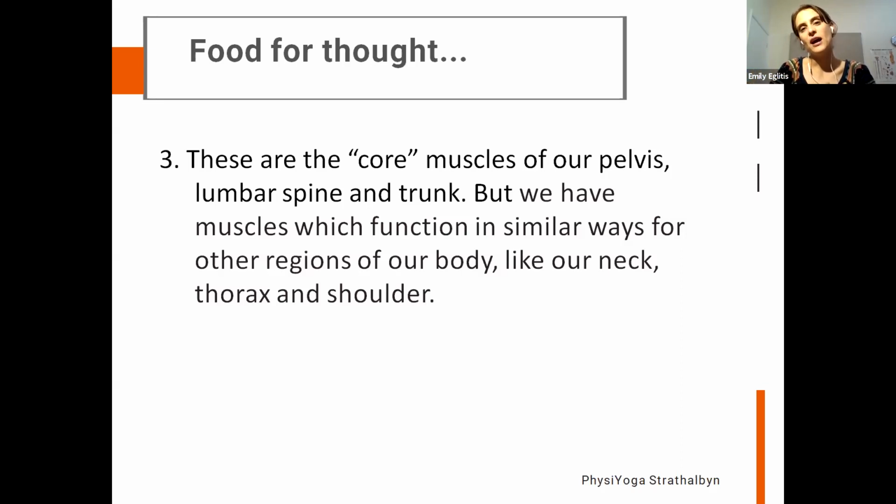So in our thorax, actually, if I thought you needed to get stronger core muscles around your thorax, I would give you different exercises than we've gone through today. So this is another reason why I'm not in love with the term core. So you could think of them as stability muscles throughout our body. So if these core exercises don't work for you, there are many reasons why.